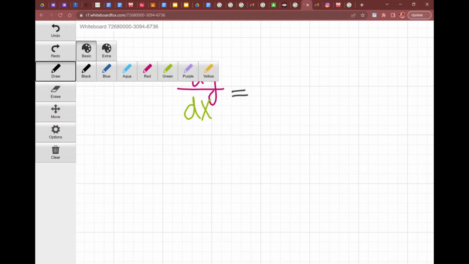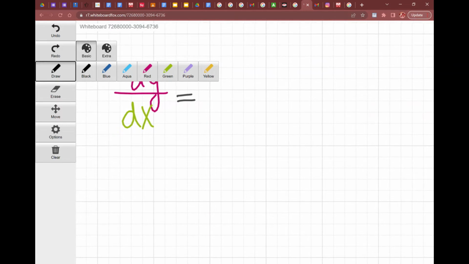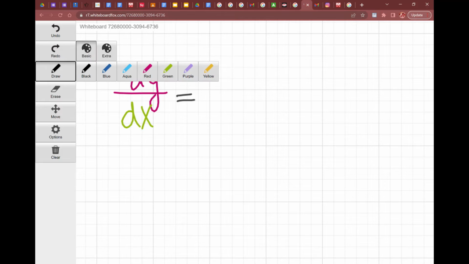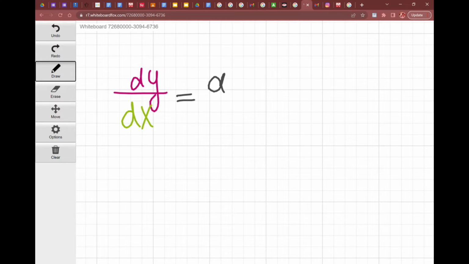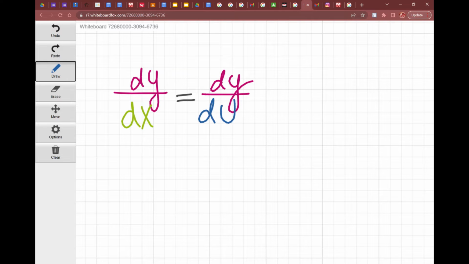the derivative of y with respect to u multiplied by the derivative of u with respect to x, right?